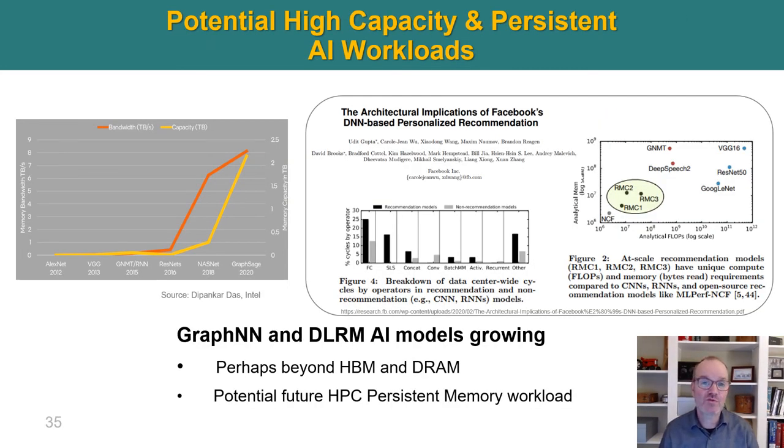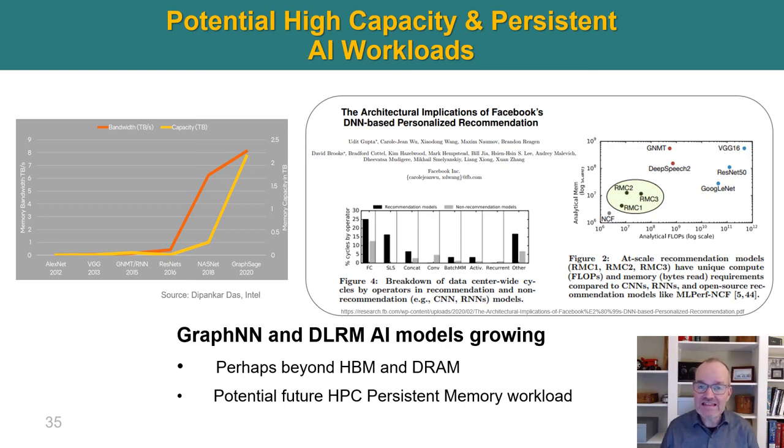Let's talk about one last potential usage model in HPC. I say potential, I haven't really seen this happening yet, but it seems to me like it might be coming. There's a really interesting paper by some folks at Facebook on the right-hand side.